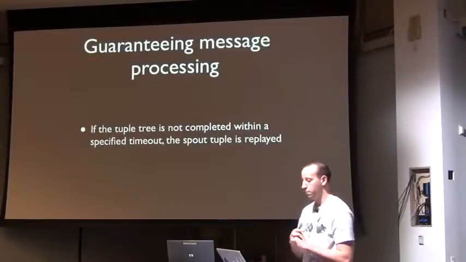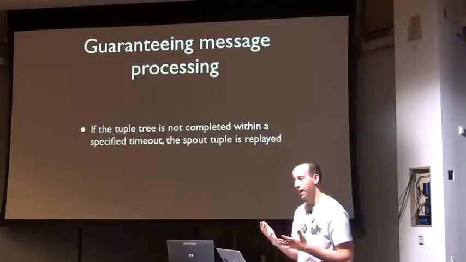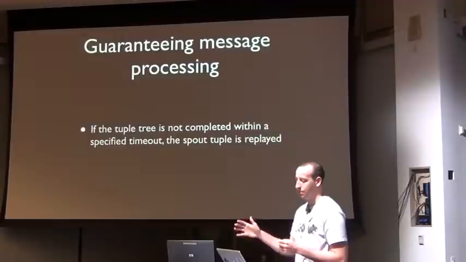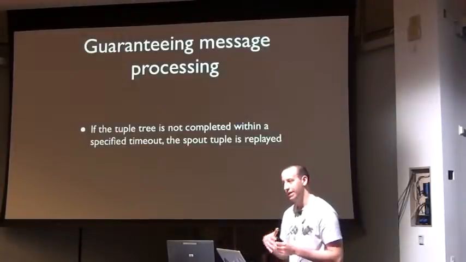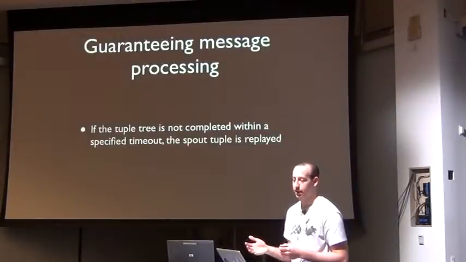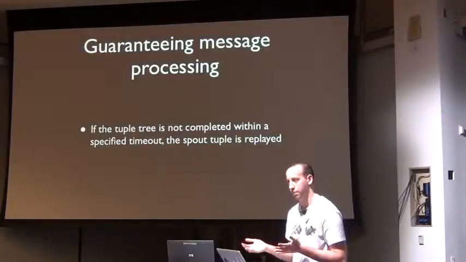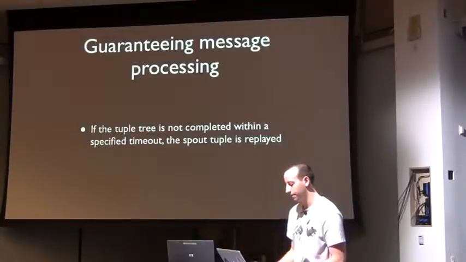With Storm, you have what's called a message timeout defined for every topology. The idea is that if a tuple tree is not completed within that timeout, then it's considered failed and it'll be replayed. That message timeout defaults to 30 seconds and is configurable per topology.